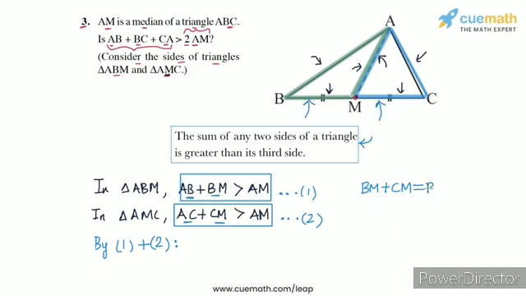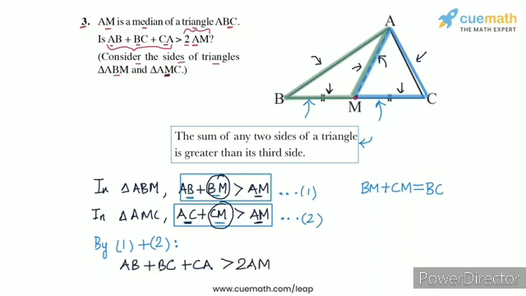This is simply equal to BC. So on the left side we get AB plus BM plus CM. We can combine it and write it as BC, and then we get AC, which we can also write as CA. So on the left side I get AB plus BC plus CA greater than, on the right side I get AM plus AM, and that gives me 2AM.